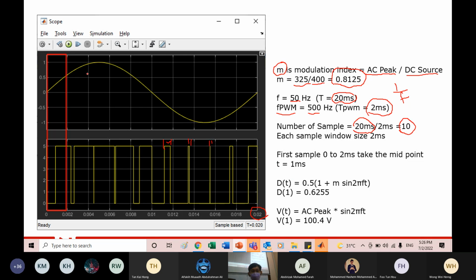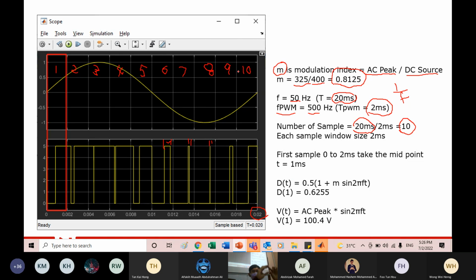That means this whole sine wave, you actually chop into 10 pieces. You can see 1, 2, 3, 4, 5, 6, 7, 8, 9, 10.